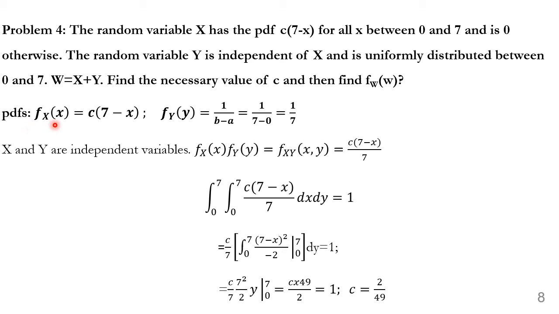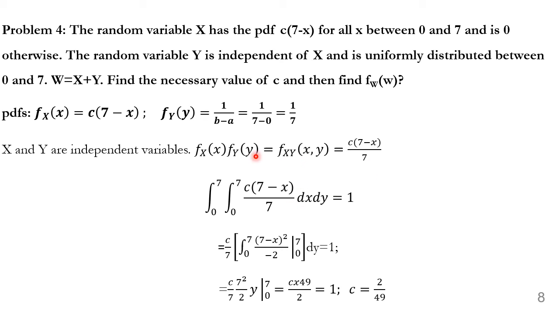The PDF for fx of x is given, that is c into 7 minus x, and Y is uniformly distributed, therefore fy of y is equal to 1 divided by 7. Since X and Y are independent variables, we know that fx of x into fy of y is equal to the bivariate PDF fxy of x comma y, that is equal to c into 7 minus x into 1 by 7.